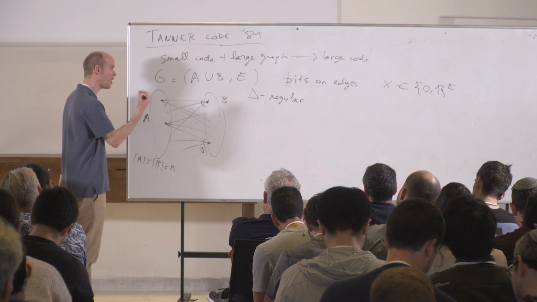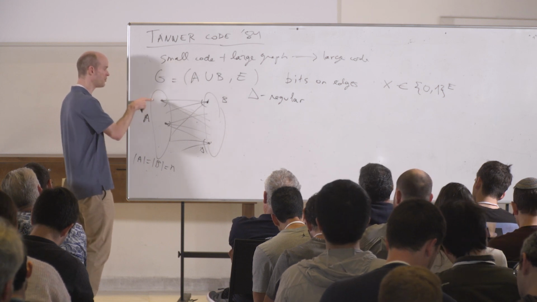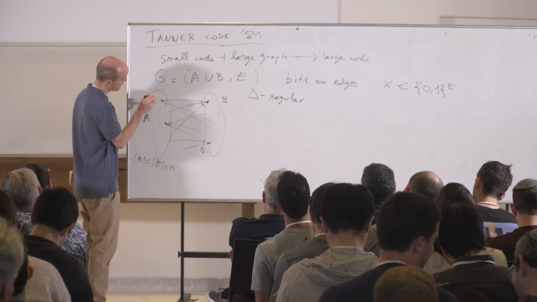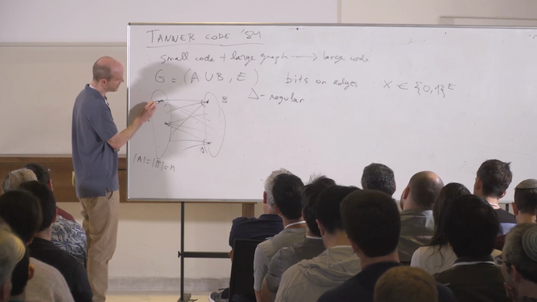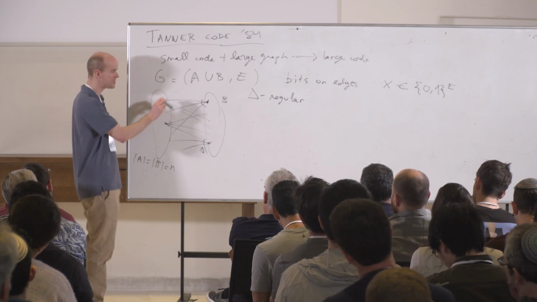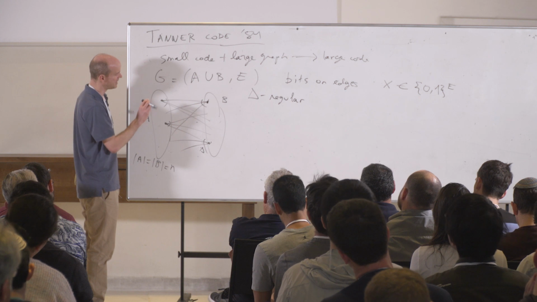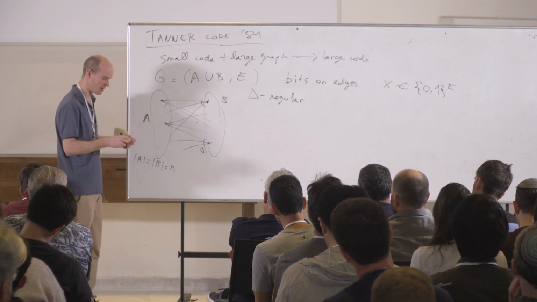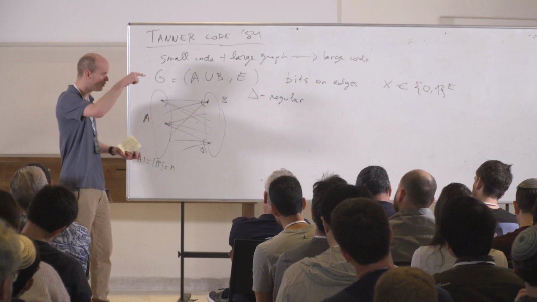And so how do I impose linearity constraints? For every vertex, its neighborhood has a set of delta edges. If you label them, you can see these delta edges as just F2 to the delta.